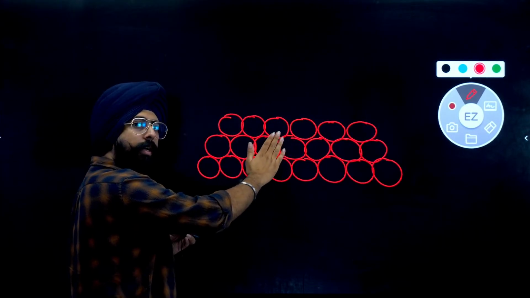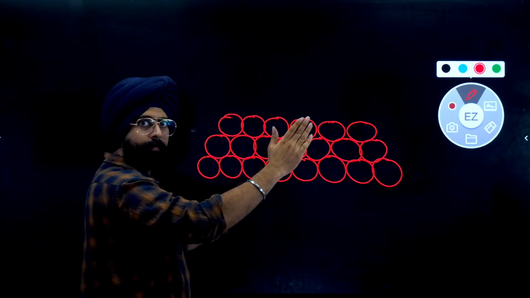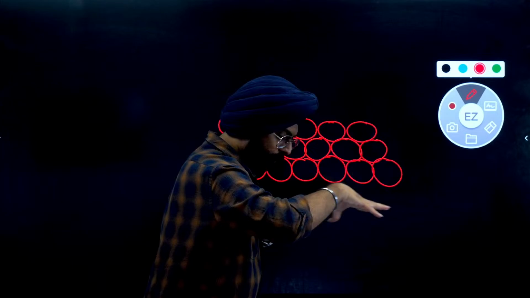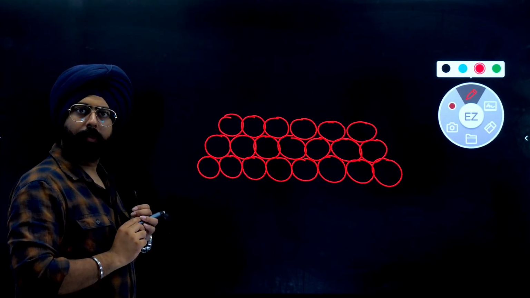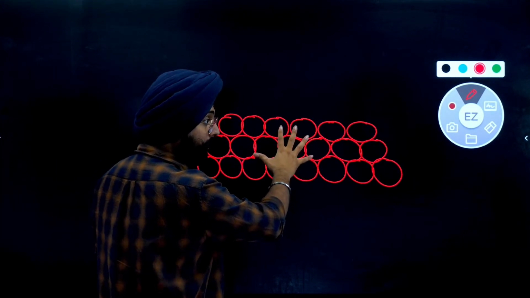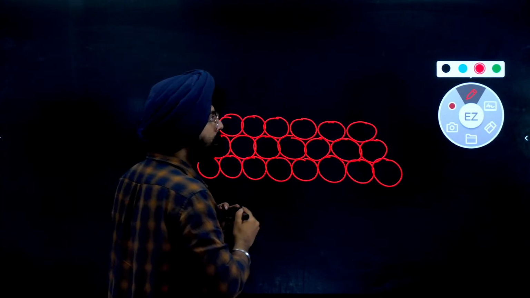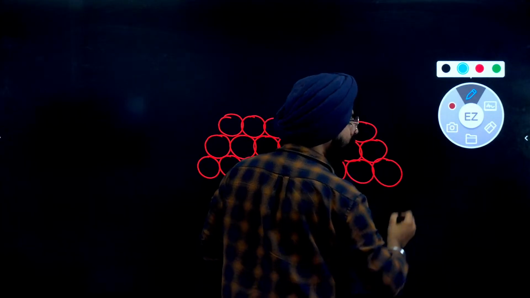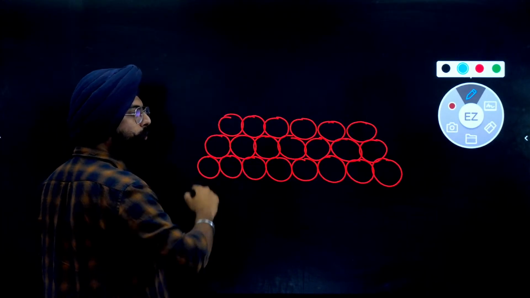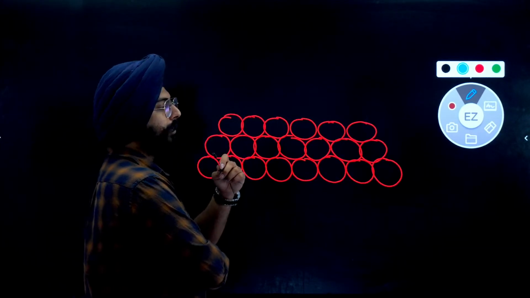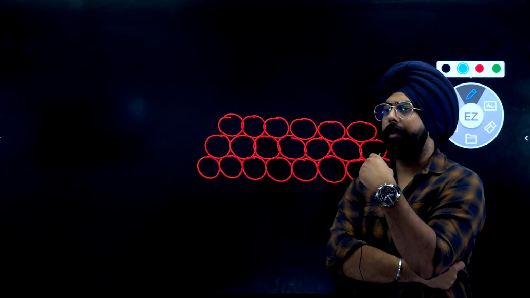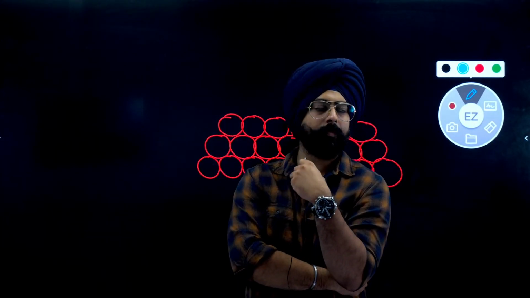You have to place another layer on top of this layer. This is the top view of your orange stall. Basically, now you have to place spheres on top of it. Where can I place the next layer is my question.